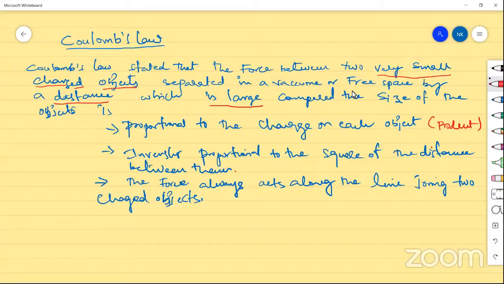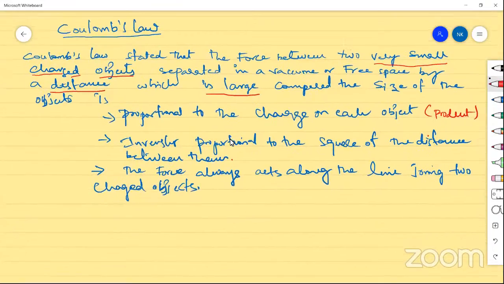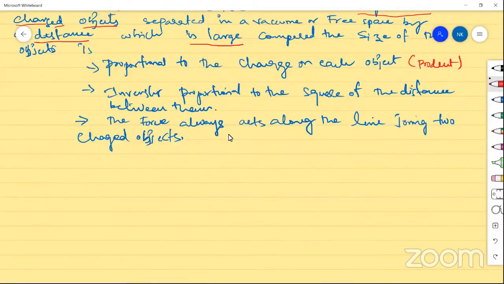Any statement based on a law can be modeled into a mathematical equation. So that is a very important one. So based on the statement, you have to write the equation of Coulomb's law. Okay, so now, what is the statement?